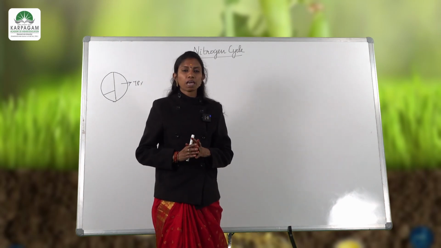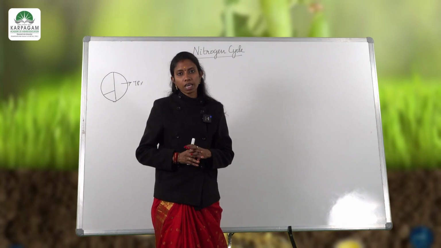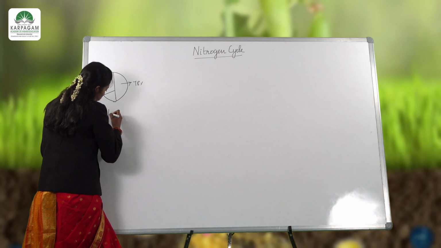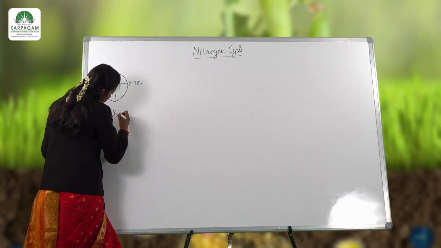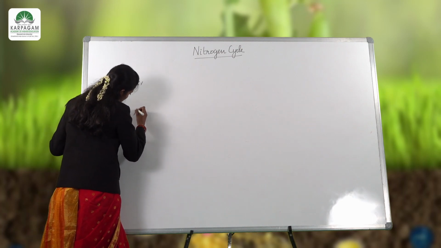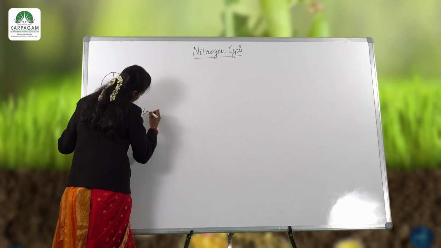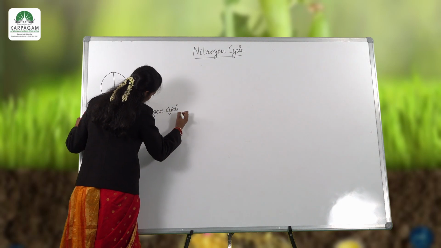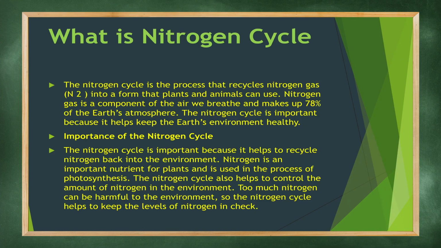Therefore the main components become the DNA and RNA. I am going to explain about the nitrogen cycle.